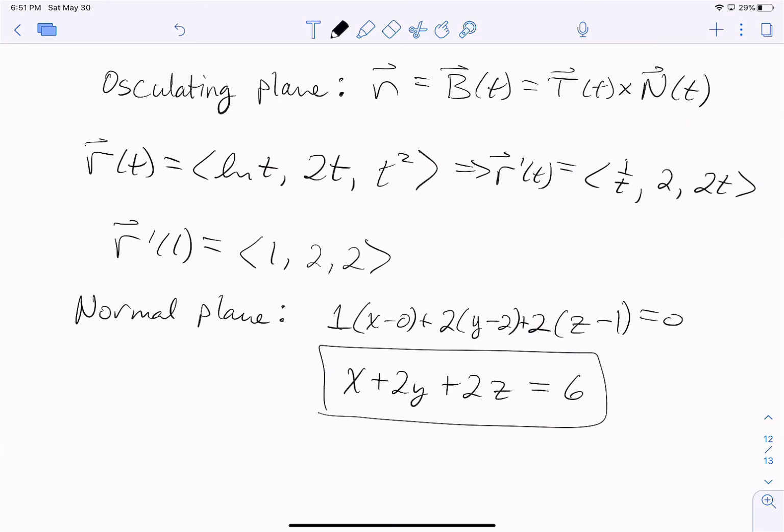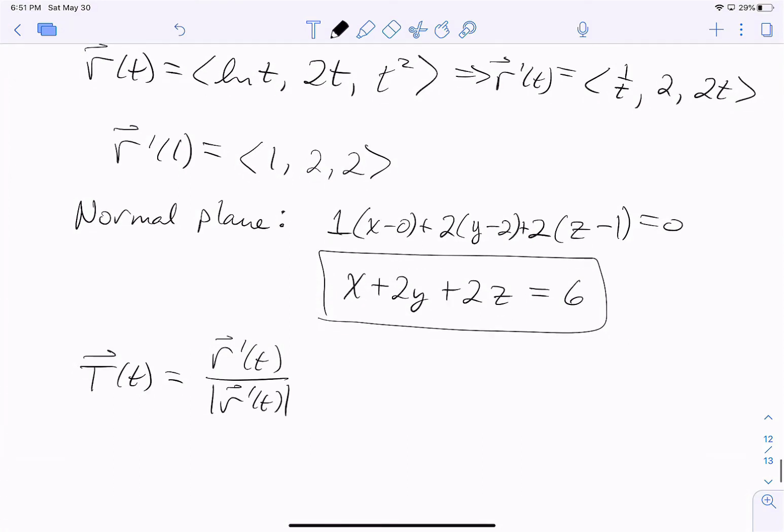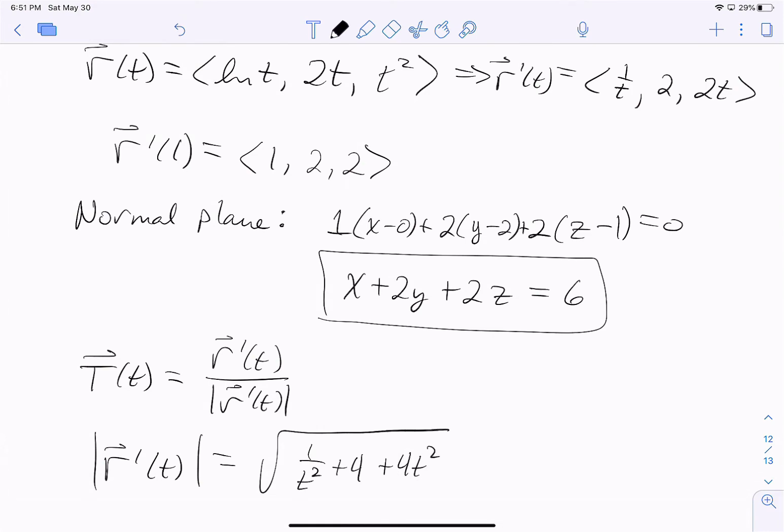So T of t is, as you know, r prime of t divided by the magnitude of r prime of t. And so I need the magnitude of r prime of t. We have r prime. Its magnitude is going to be the square root of 1 over t squared plus 4t squared.